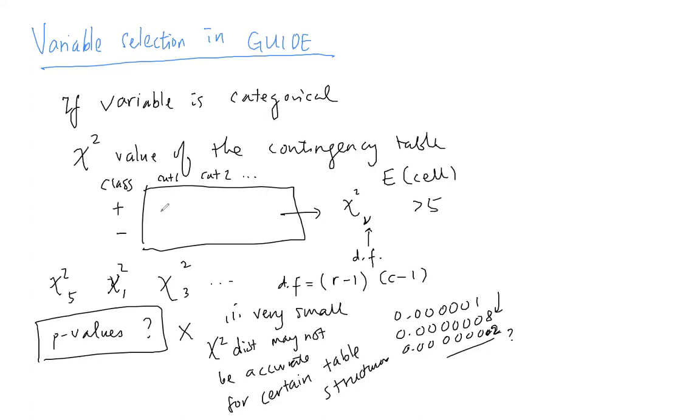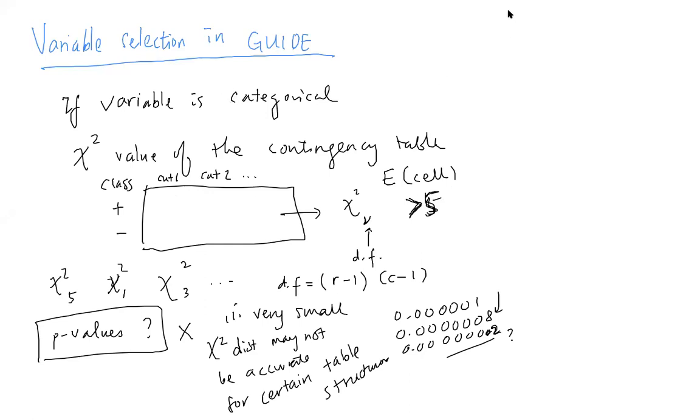Basically, the expected value for a cell has to be more than 5. And when you have quite a few variables like this, it's very hard to ensure that. Some of them may not have an expected value that's more than 5. So the distribution is approximate, and you're not sure whether the calculated p-value is really accurate or not. So this is one thing.